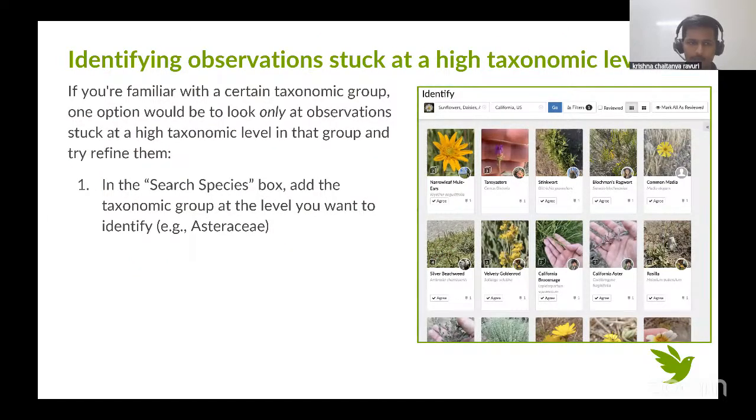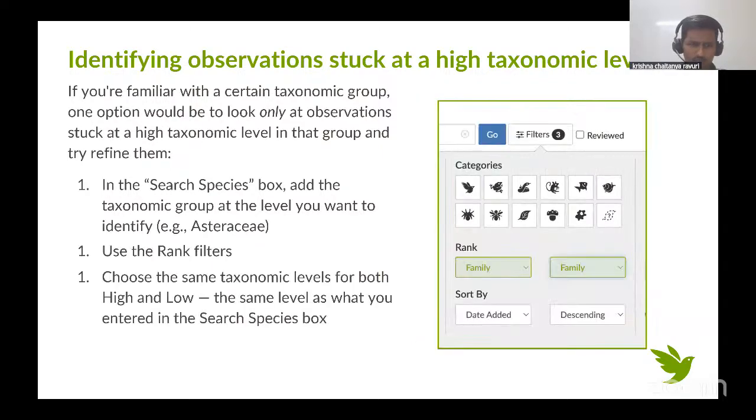This is for sorting my observations which are stuck at a higher taxonomic level. For example, these are all Asteraceae, which is the daisy family, marigolds and daisies. So this was what I was looking for.